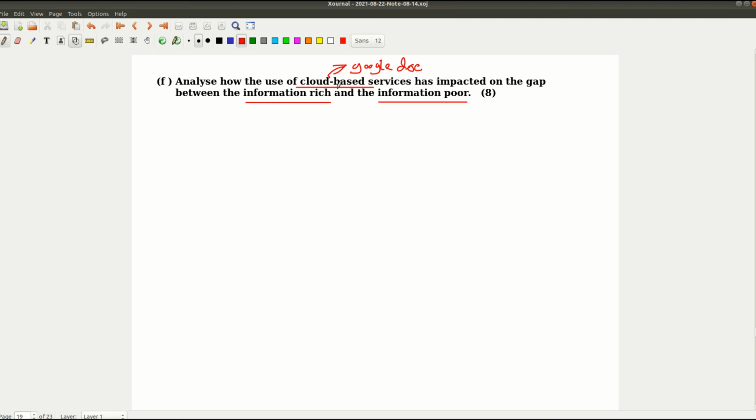The difference between information rich and information poor is that information rich are the people who can easily access the internet and have high speed internet. So they can easily access the material on the cloud.